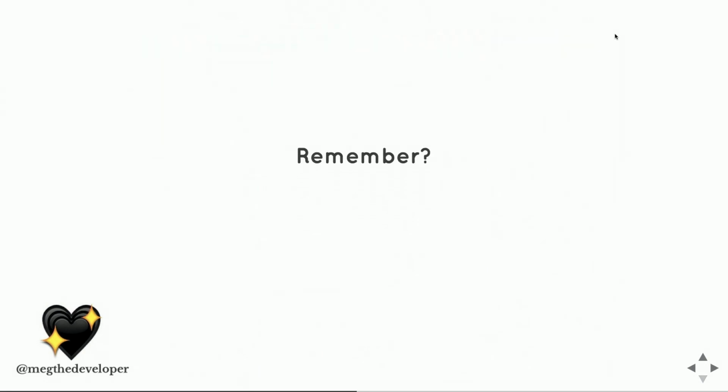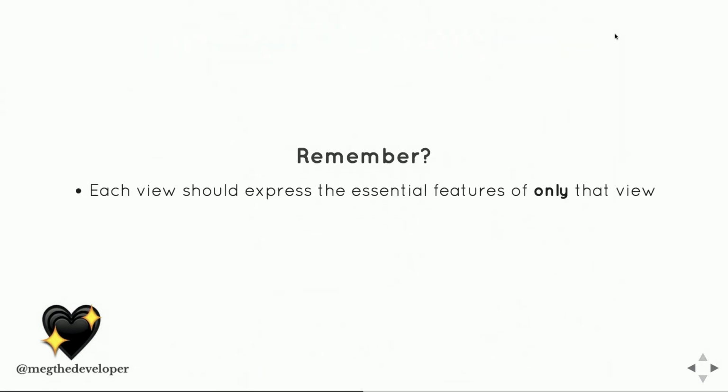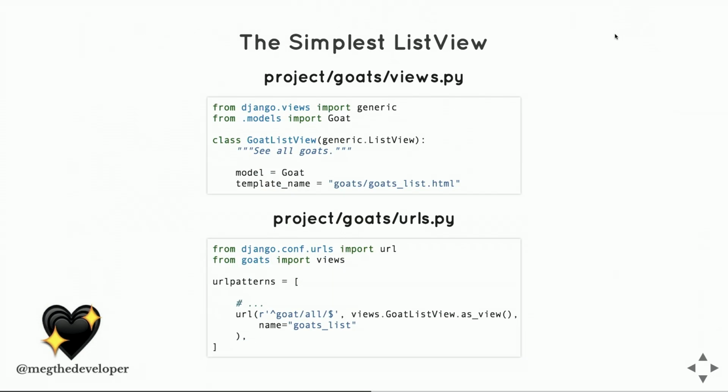All right, so list view. Let's just recall, because we're about to see something crazy, each view should express the essential features of only that view, not what's generic about that view. So when you use ListView in Django, it would look something like this. This is kind of the simplest ListView.